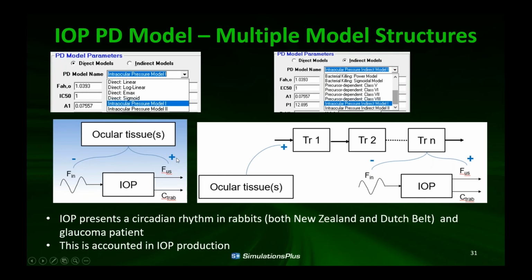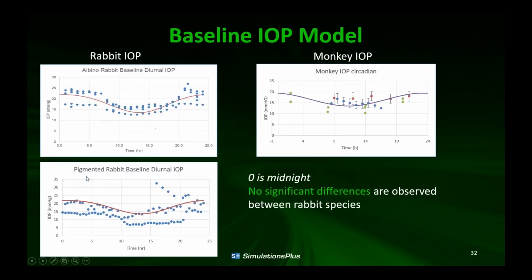The baseline IOP also represents a circadian rhythm in both rabbit and human patients, so to account for this circadian rhythm, we include this function in the IOP production.